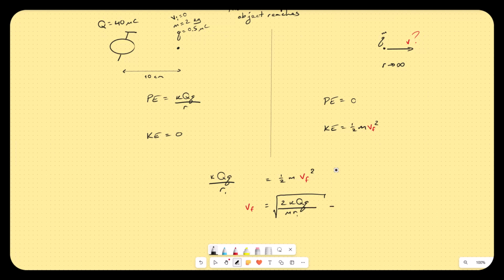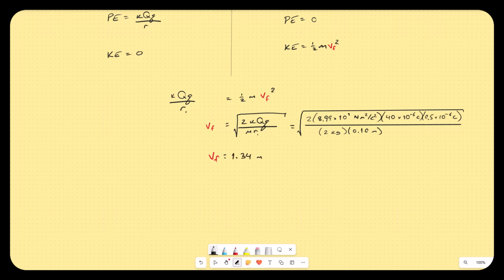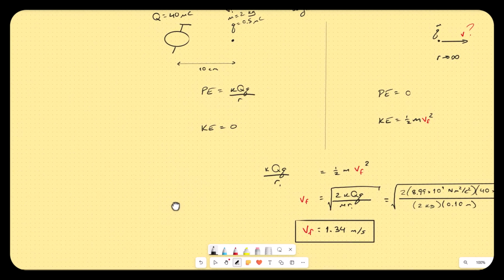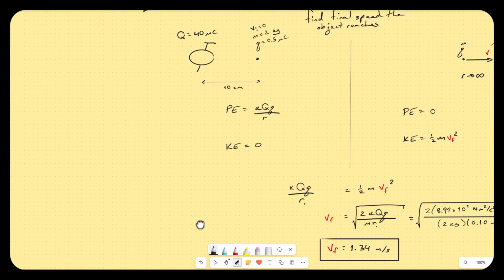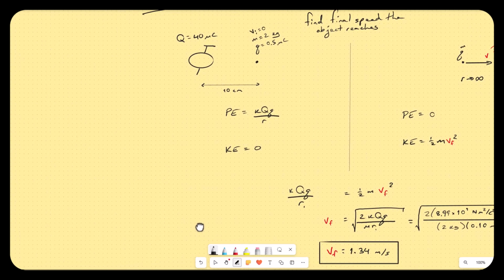And when I plug those values in, I get something like 1.34 meters per second. That might not sound like a lot, but I'm starting 10 centimeters away from this thing, and for electrostatics, that's a pretty big distance.